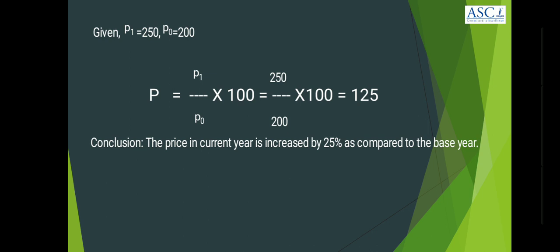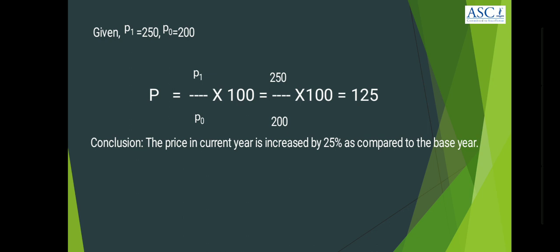For the same, let us consider this example once again, which was discussed earlier under price relative problem in the beginning of this session. Here it is given that current year price p1 is 250 and base year price p0 is 200 and price relative capital P is 125.